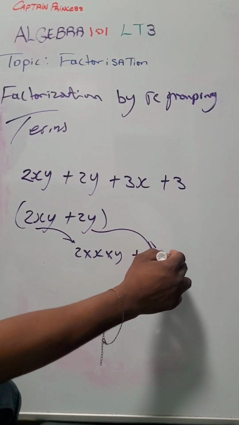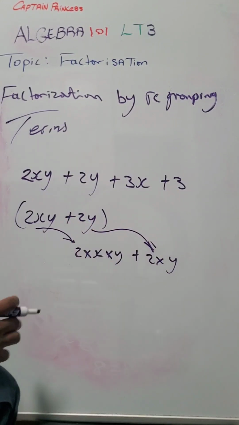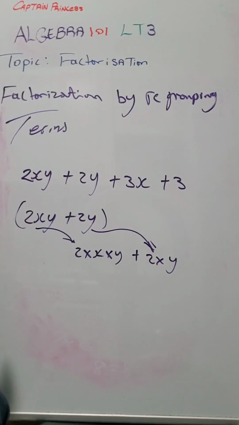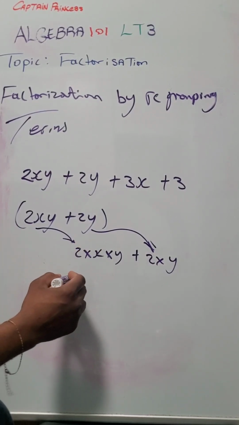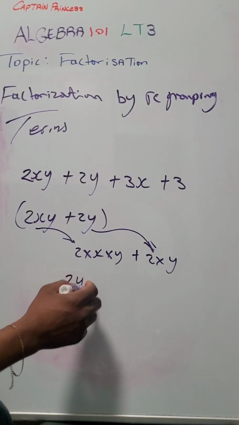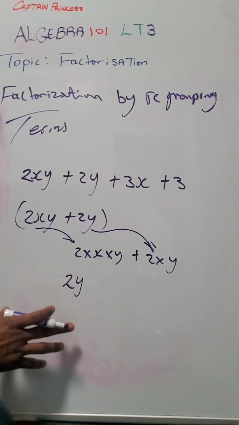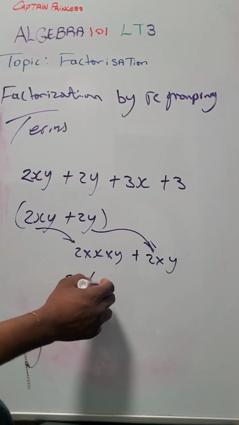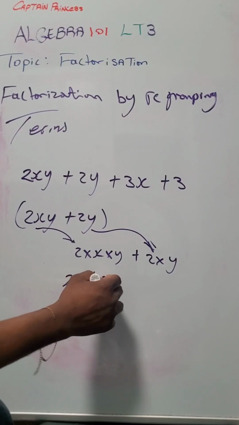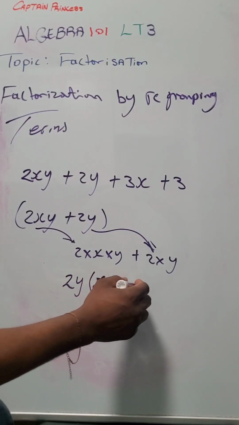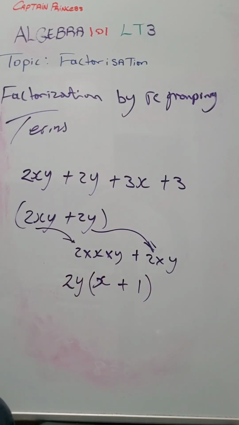The factor for 2y is 2 multiplied by y. If we put 2 and y on the outside, we will get x plus 1 on the inside of the bracket.